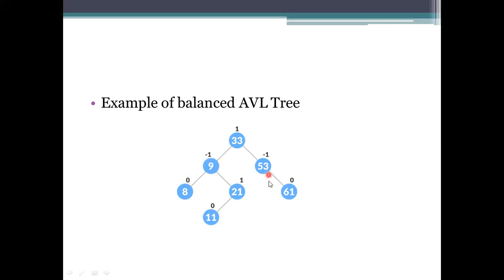Then at this one, the height is one node, that is 61, so consider it as -1. Coming to this one, we should write the height of the total subtree.